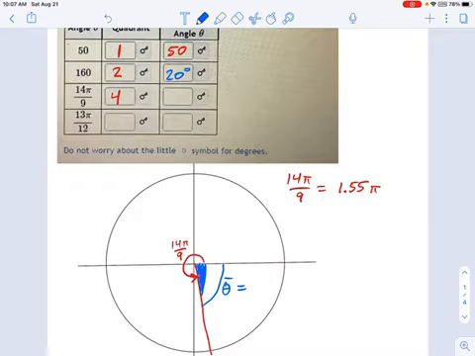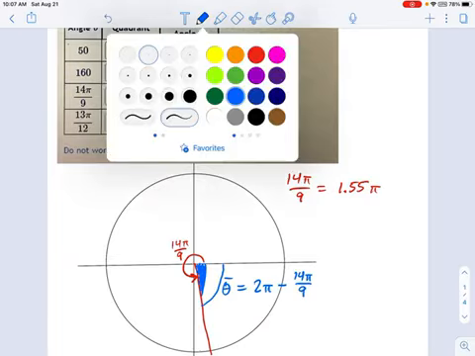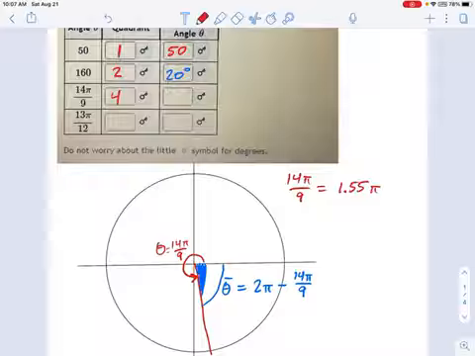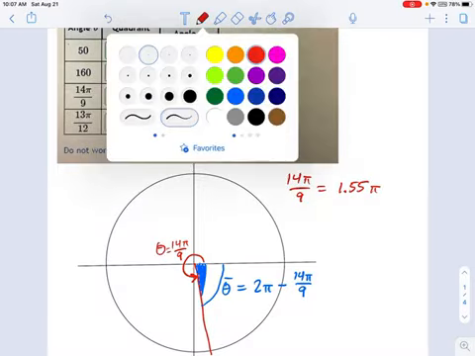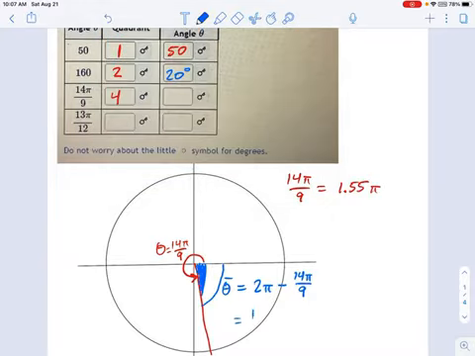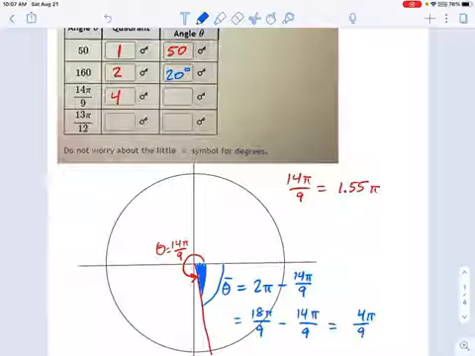So this is 2 pi minus 14 pi over 9. It's the full pizza pie, the full circle, minus that angle theta that we have over here. So what are our common denominators? This is basically 18 pi over 9 minus 14 pi over 9, which equals 4 pi over 9. And you see now why I like to think about reference angles visually. It just helps me figure out what I have to subtract from what.